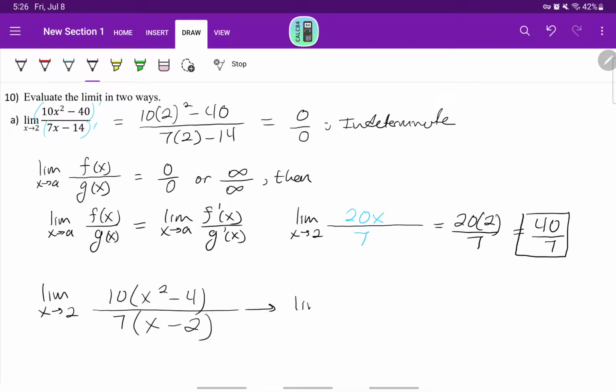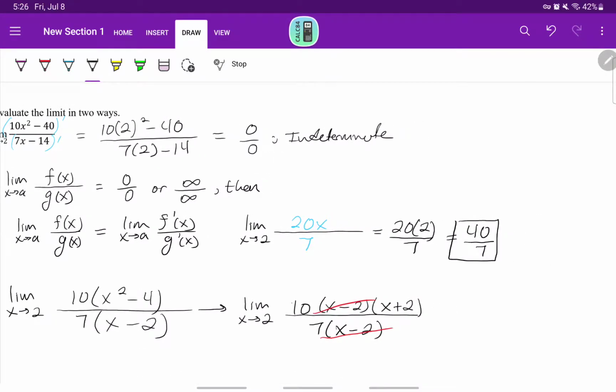I'm going to continue to factor my numerator as well. x squared minus 4 is the difference of perfect squares. And that can be factored into x minus 2 times x plus 2. The x minus 2's simplify each other out.